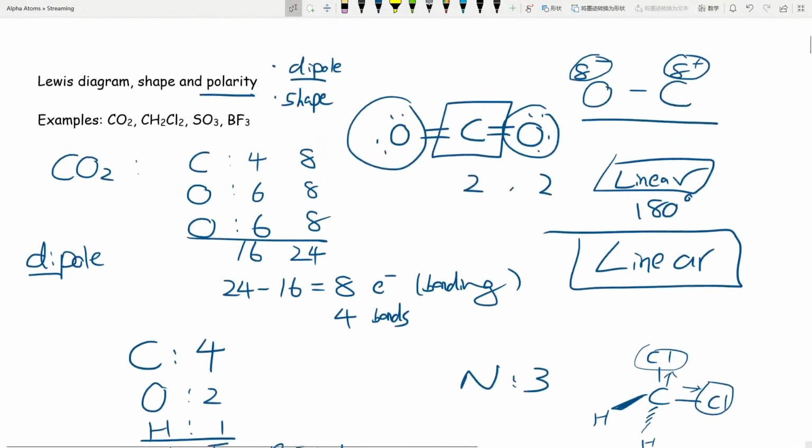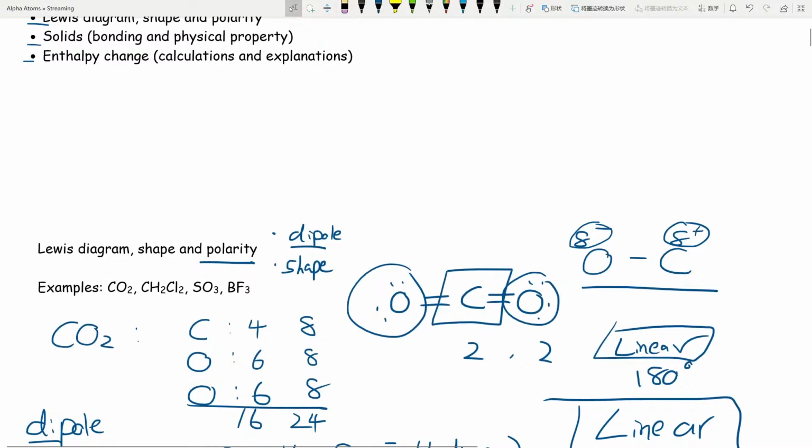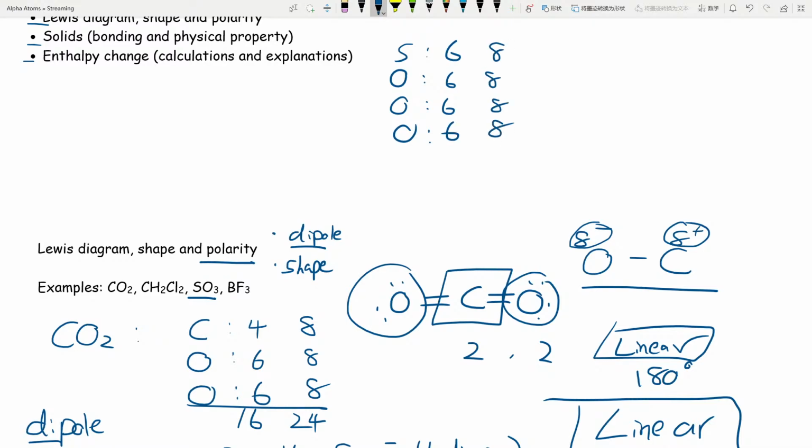Okay, so let's look at the other ones. I think I'm going to use some of the space up here. SO3, if you do SO3, this is a little bit confusing if you don't use this particular method. So each of these are group 16 elements, so they all have 6 valence electrons, but they all need 8 to be stable.